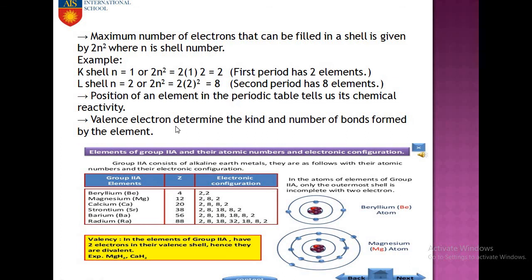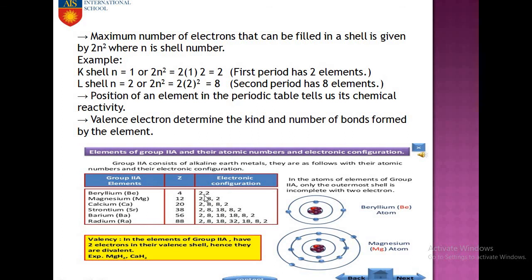Now what is valence or valency? We read in class 9 that valency is the combining capacity which an atom or element donates or accepts to obtain a stable configuration. Suppose they have 2 electrons in their outermost shell.